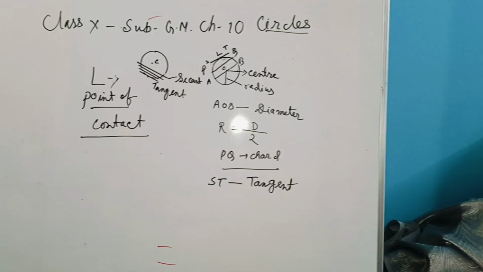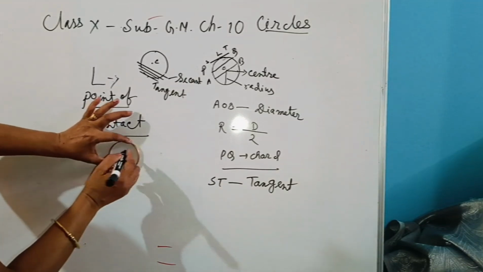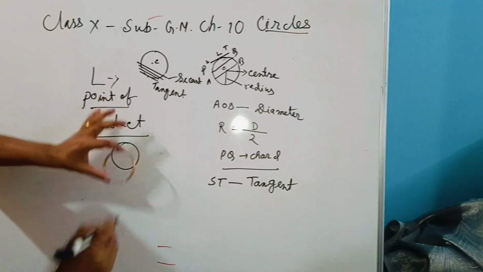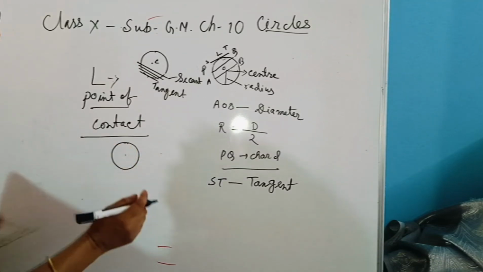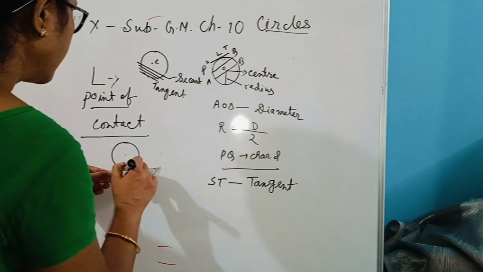And what is the relation between the tangent at any point of a circle and the radius? This is a circle. Suppose it has a center. Here you draw a tangent.